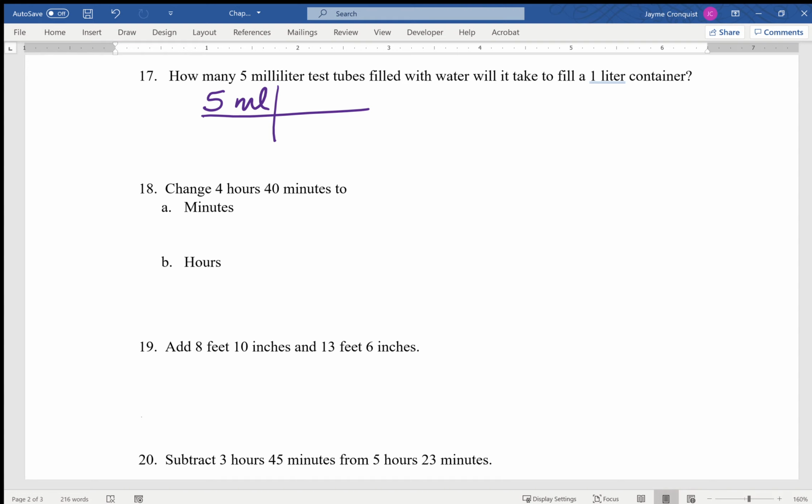We don't do it this way, do we? We do the shifting of the decimal point. So we had liters, deciliters, centiliters, milliliters. 1, 2, 3. So it's 1, 2, 3 decimal places. So that is how many liters in one of these test tubes.